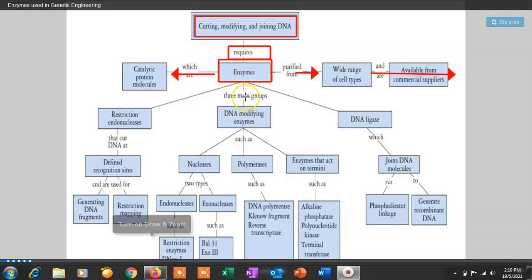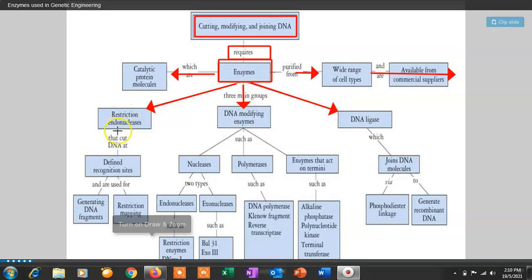There are three main groups of enzymes used for cutting, modifying and joining of DNA. The first is restriction endonucleases, the second is DNA ligase, and the third is DNA modifying enzymes.